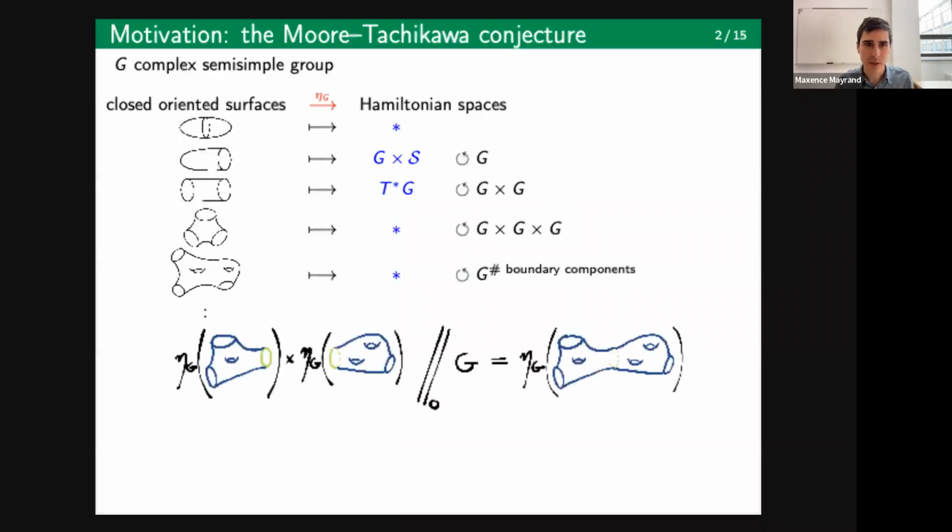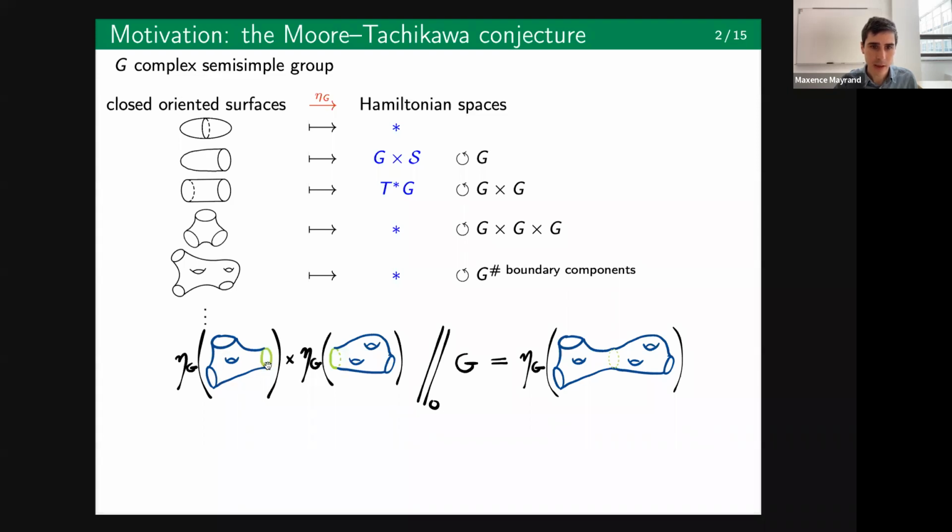And they must satisfy certain compatibility conditions, namely, if you have 2 surfaces, then you get 2 Hamiltonian spaces associated with them. So here's one, here's a second, but you can also glue the surfaces together and output another Hamiltonian G space, the one on the right-hand side. But if you look at these 2 Hamiltonian G spaces and take this boundary component where we do the gluing, each has 3 G actions coming from its 3 boundary components.